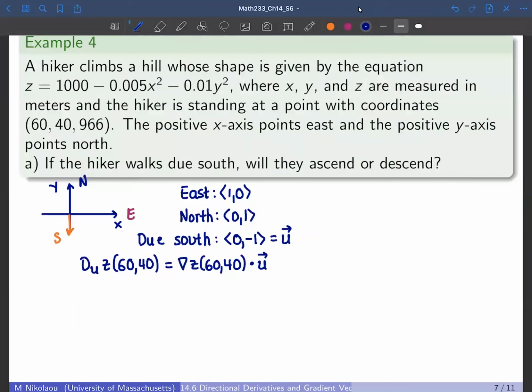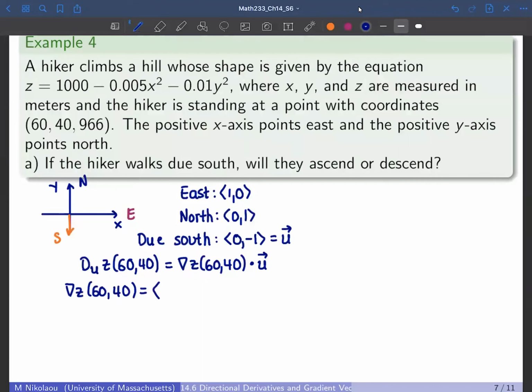Let's first find the gradient vector of z at the point 60, 40. That would be equal to the vector with components the partial derivatives of z with respect to x and y.